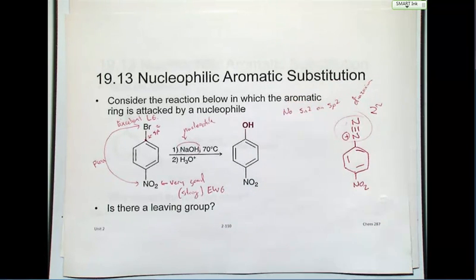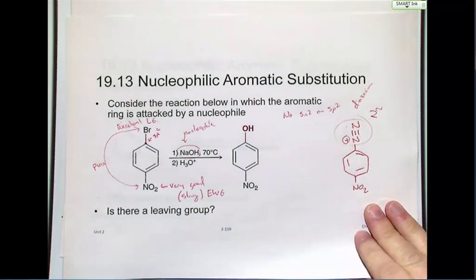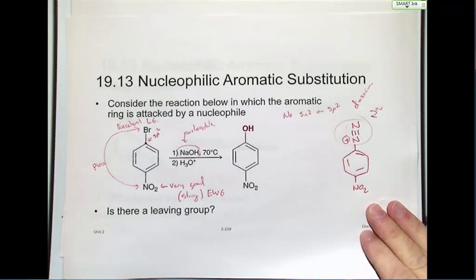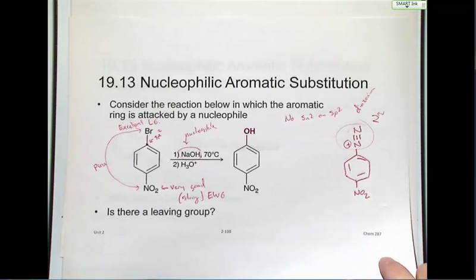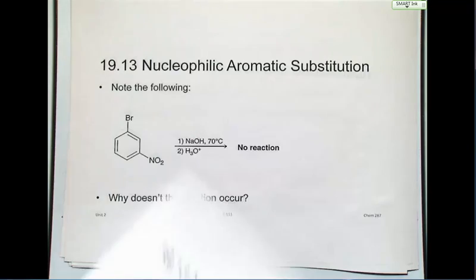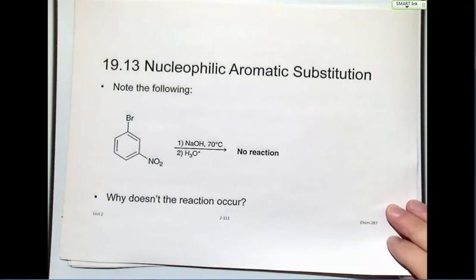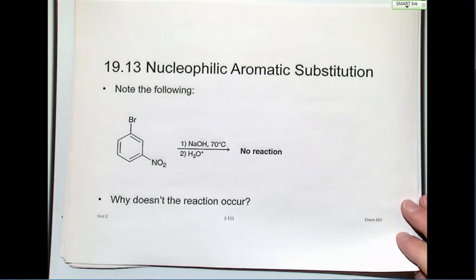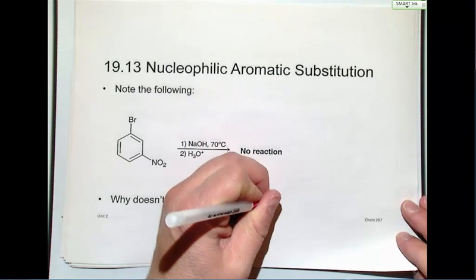That's when you have a nitrogen that's positive and there's two nitrogen atoms. So this is a requirement for a nucleophilic aromatic substitution: a really good electron withdrawing group para to an excellent leaving group. So this doesn't happen as a result because they're meta to each other. Okay.